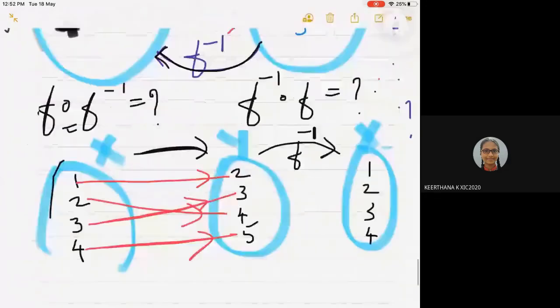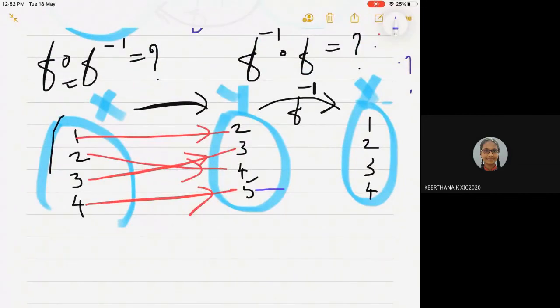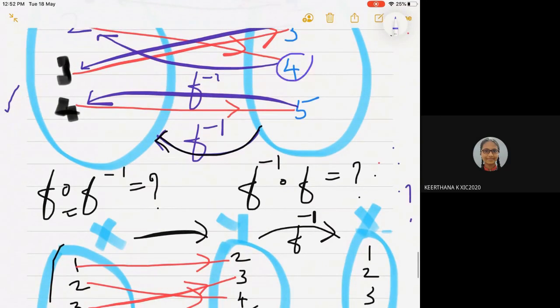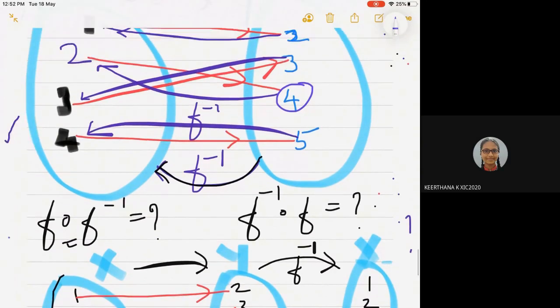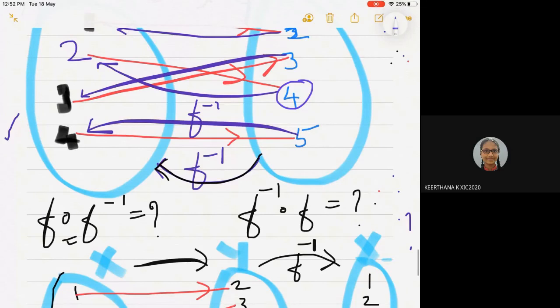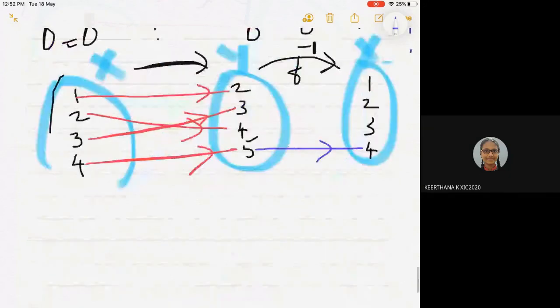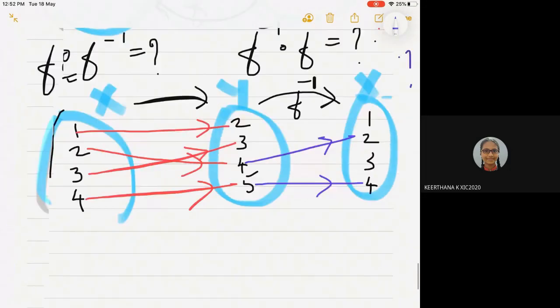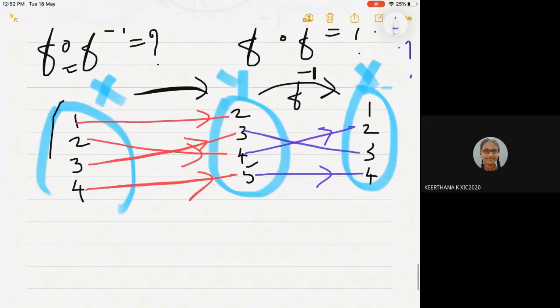What is the image of 5? The image of 5 is 4. Okay. You can just notice here. Now you can see the image of 4 under f inverse is 2. The image of 4 under f inverse is 2. So the image of 4 is 3 under f inverse. So the image of 3 is 3.